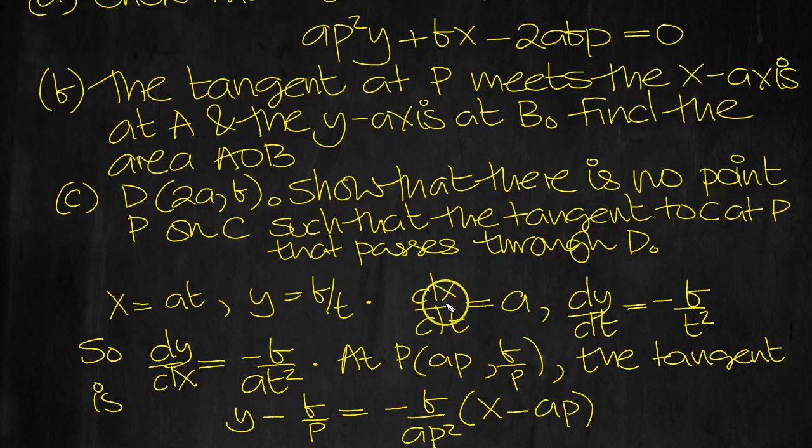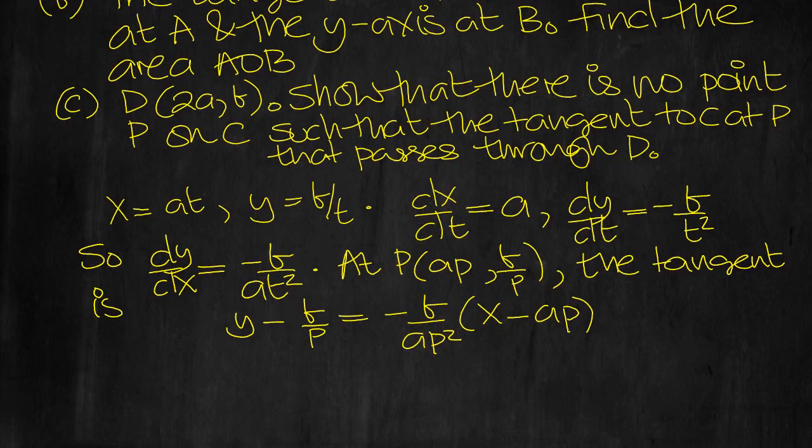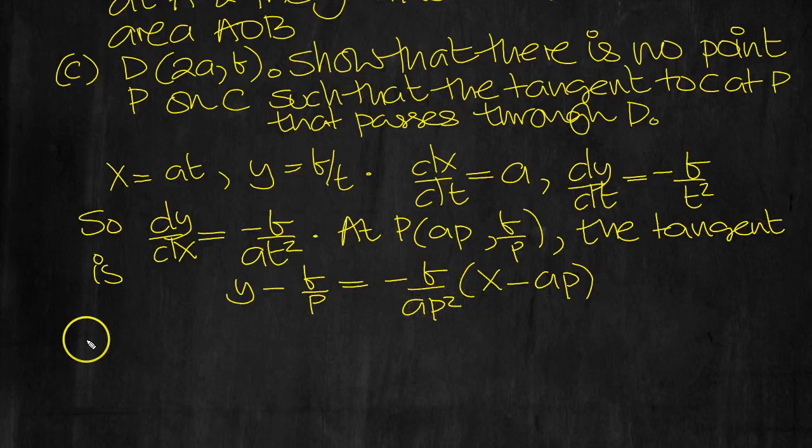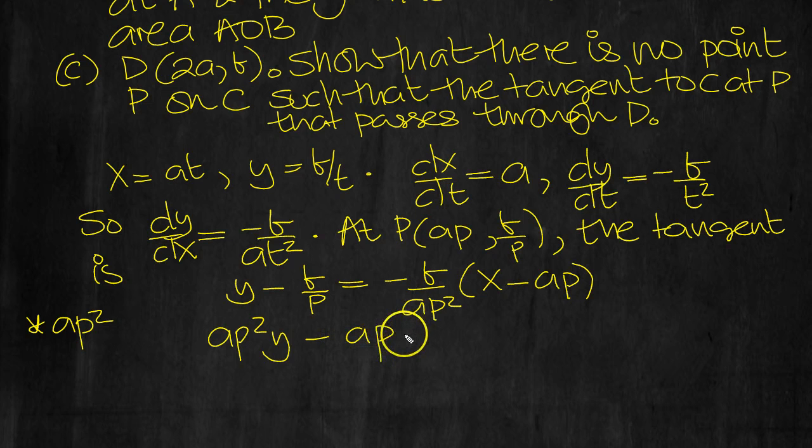Now let's look up here. So we better multiply by this and expand it and tidy it up, see if we get the same. So multiply through by ap squared all the way through. Move this up basically to times. We get ap squared y minus a, and one of the p's cancel, times b is equal to minus bx, so we're expanding this bracket, plus abp.